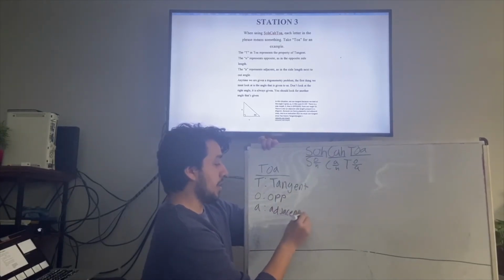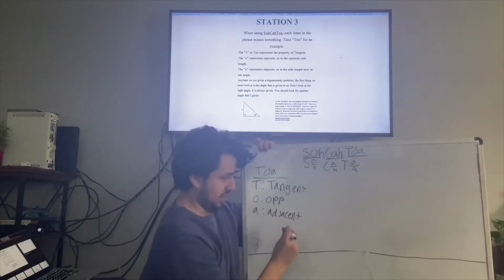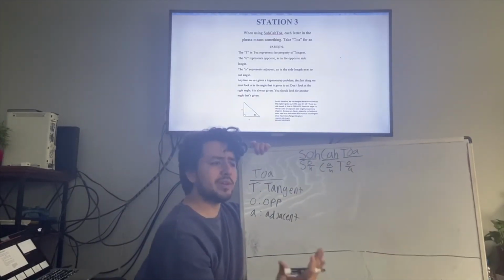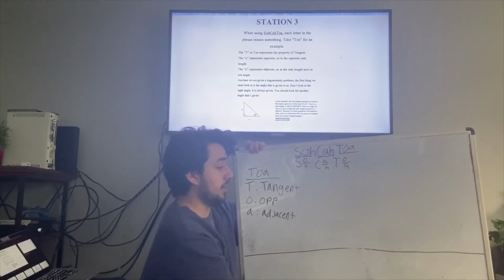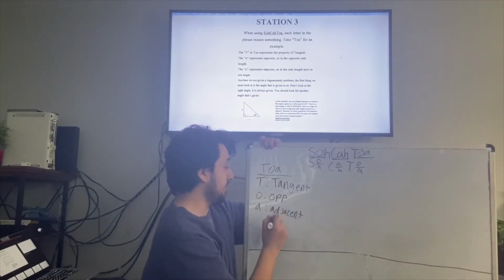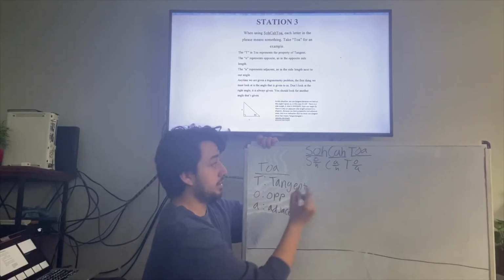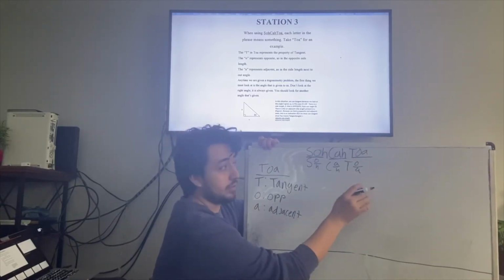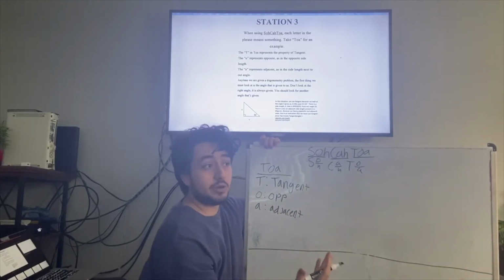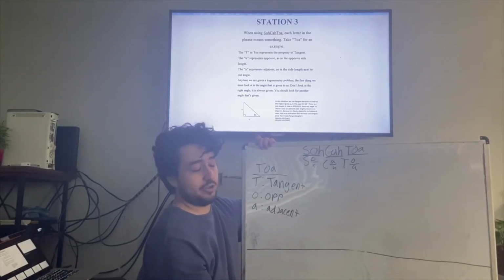Now, earlier in the video, I mentioned that something's missing whenever we use tangent. What was that thing? It was our hypotenuse. And as you can see, there's no H value here. There's an H value in SO, there's an H value in CA, but there's no H value in TOA. That's because we don't use a hypotenuse whenever we use tangent.